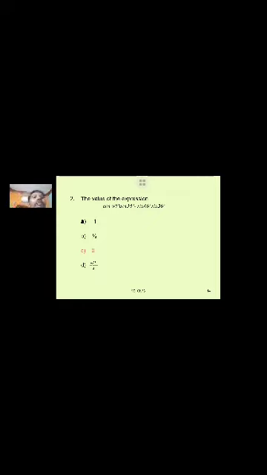See, cos A plus B equals, once again we will check. Sin A plus B is sin A cos B plus cos A sin B, but cos A plus B equals cos A cos B minus sin A sin B. See, a very important observation.